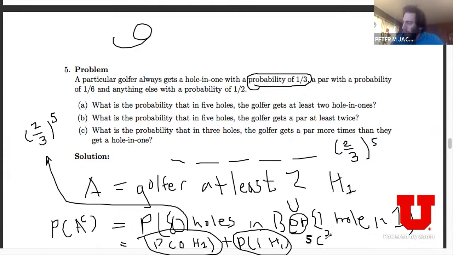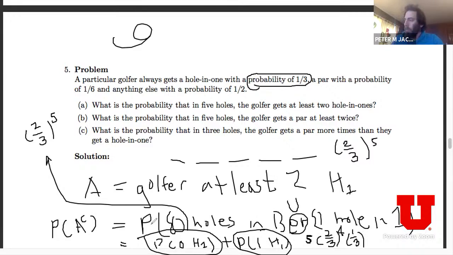Again, the outcomes on holes are independent, so this is 2/3 to the 4th. And then there's that 1 hole where they did get the hole in one, and that happens with probability 1/3. So the probability of 1 hole in one is 5 times 2/3 to the 4th times 1/3.